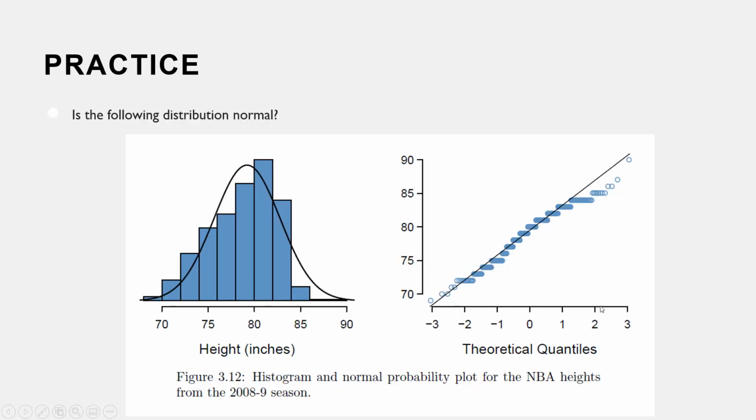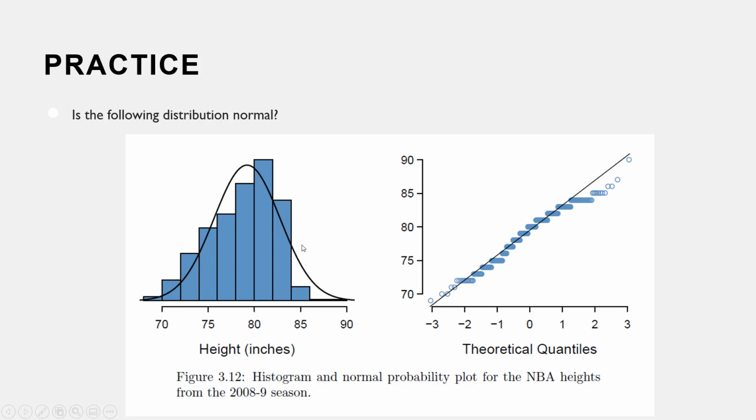In terms of probability plots, you might find some of them, and you need to be prepared to interpret them accordingly, right? For example, in this case, the histogram does not look necessarily normal. Actually, this tail has a lot of observations that I might not have expected. And it makes sense, because this is a plot for NBA heights.